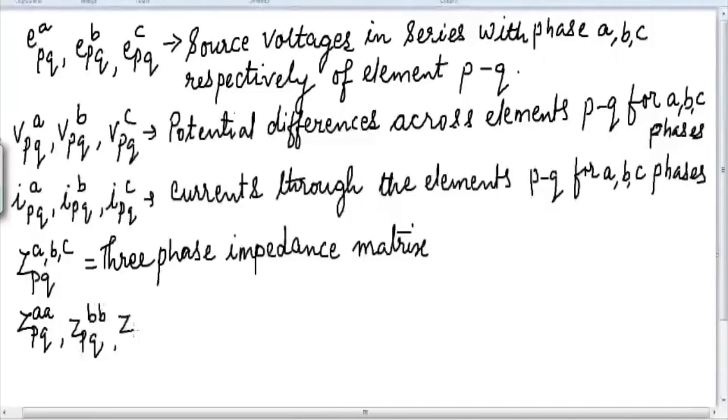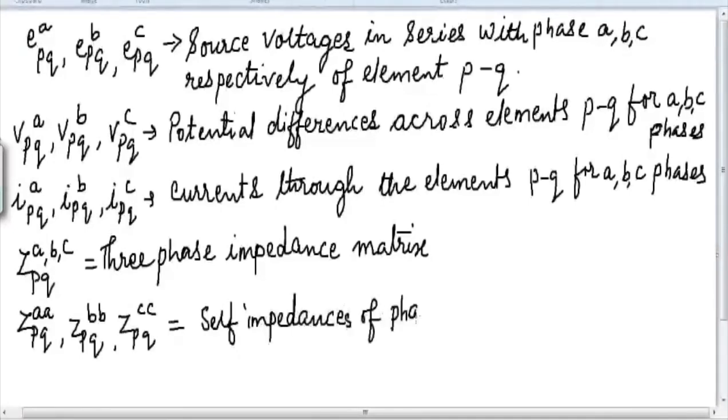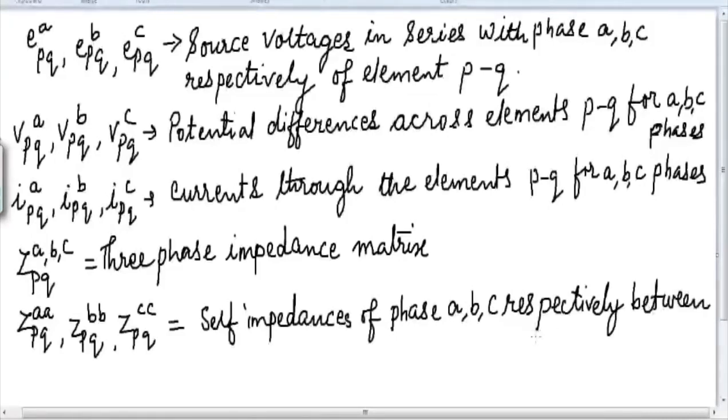These are the self-impedances of phase A, B, C respectively between nodes P and Q. Right?